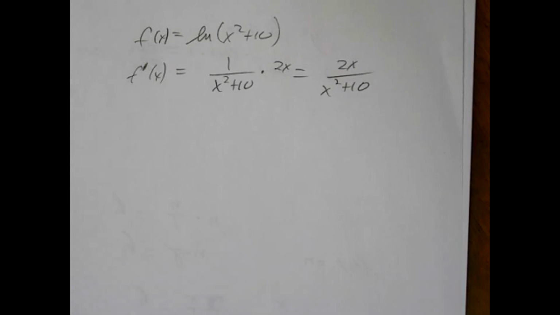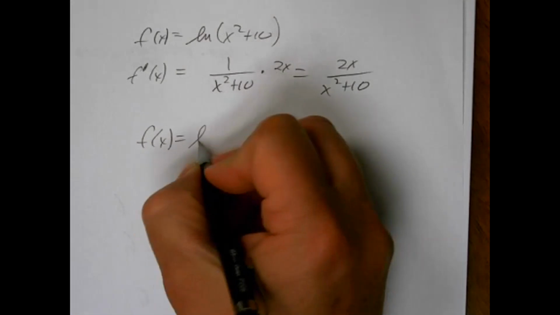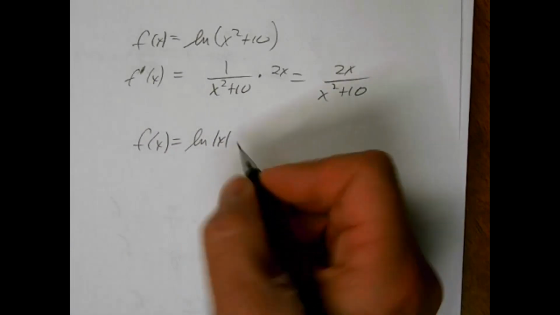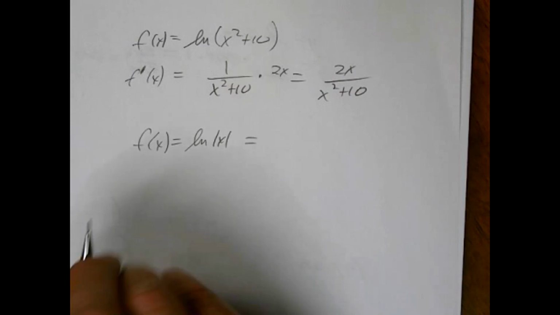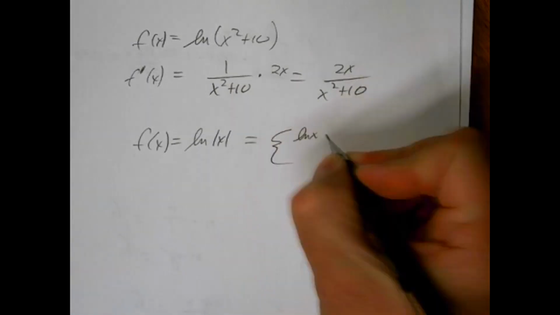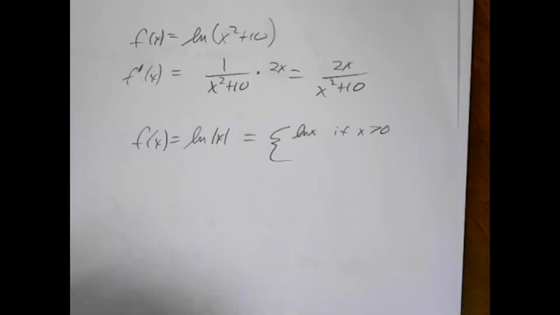All right, so if we looked at f of x equaling a natural log of absolute value of x, then if you think about the way absolute value can be defined, we see that this is the same thing as natural log of x if you have an x that's greater than 0.